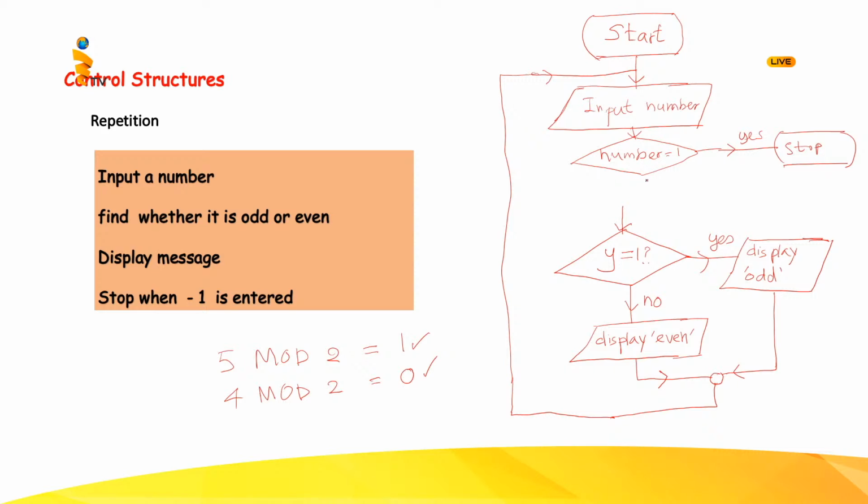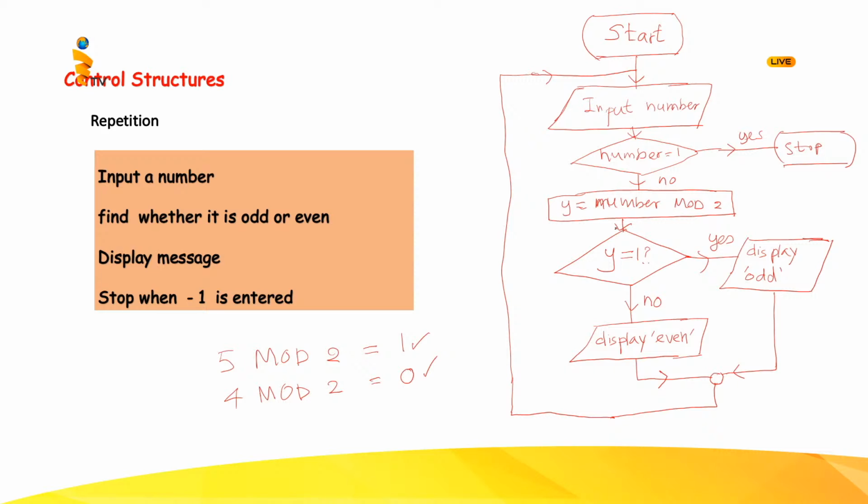Then if it is no, only then will I check, using my mod function. Earlier I have written y equals number mod 2.